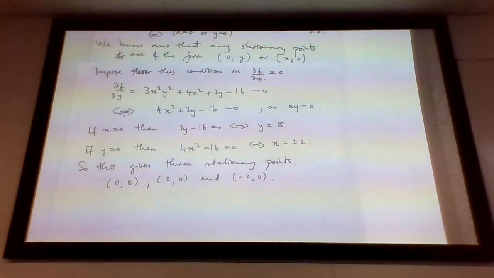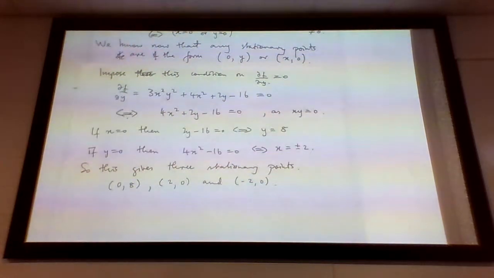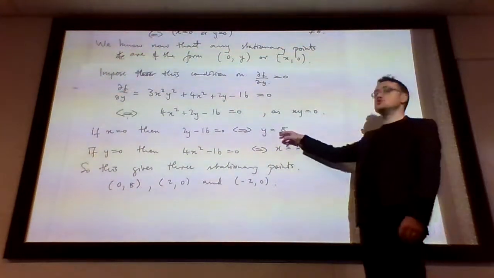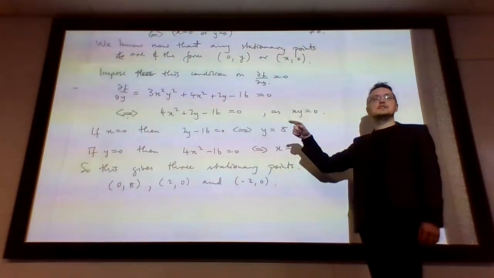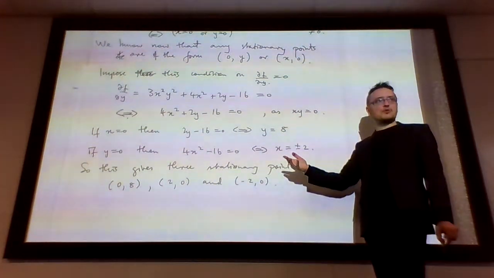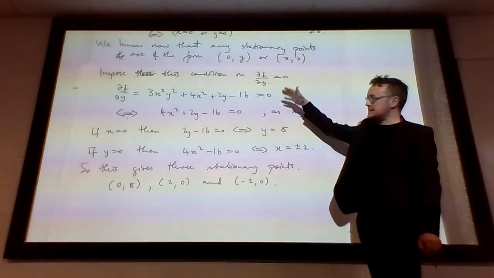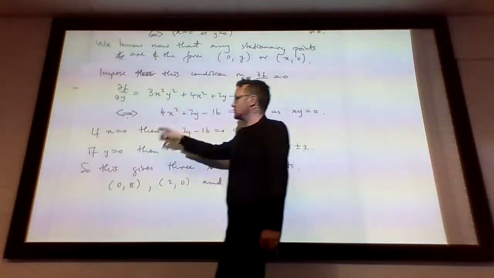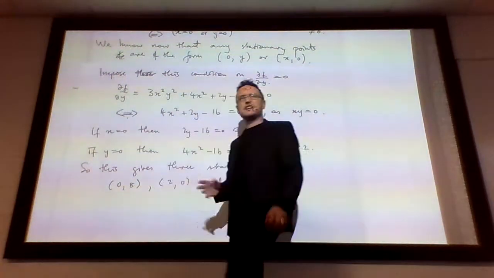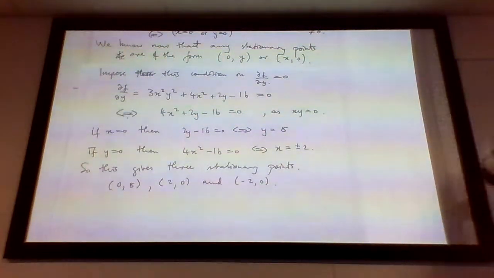We do appreciate how you need to take a clean, logical path through all of this. Because if you do it in a kind of haphazard way, the place where people go wrong, the kind of thing I see, is they'll end up somehow claiming that points 2, 8 or minus 2, 8 are stationary points. Because they won't have done it in a nice, clean, logical way with the subcases clearly stated. They'll just have a load of equations on the page, and they'll be dancing around from equation to equation.